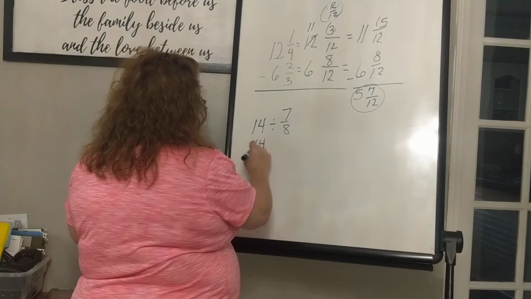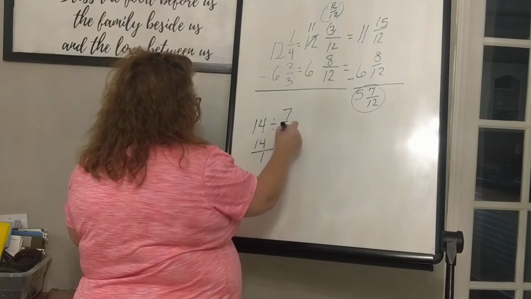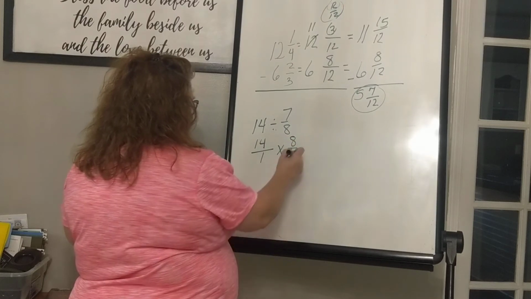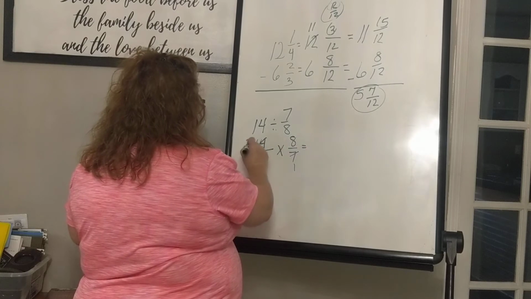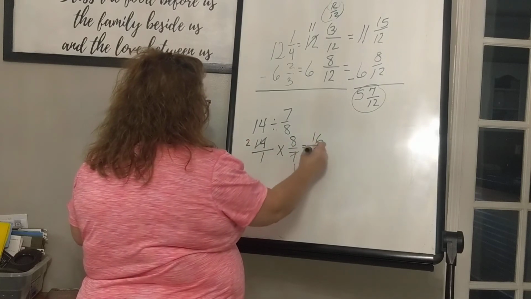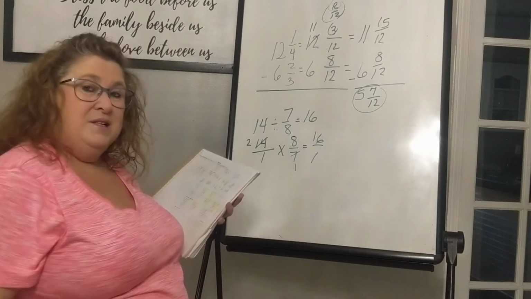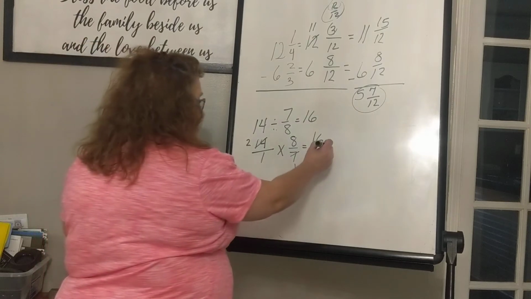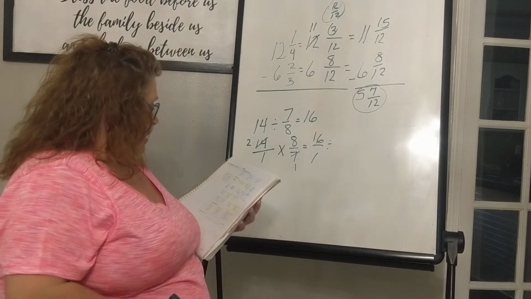So put our whole number over 1, times, change the sign, and flip, times 8 over 7. 7 will go into 7 one time, it'll go into 14 two times. 2 times 8 is 16, 1 times 1 is 1. So our answer is 16. Do not write 16 over 1 as your answer, that is improper. 16 divided by 1 is simply 16, okay?